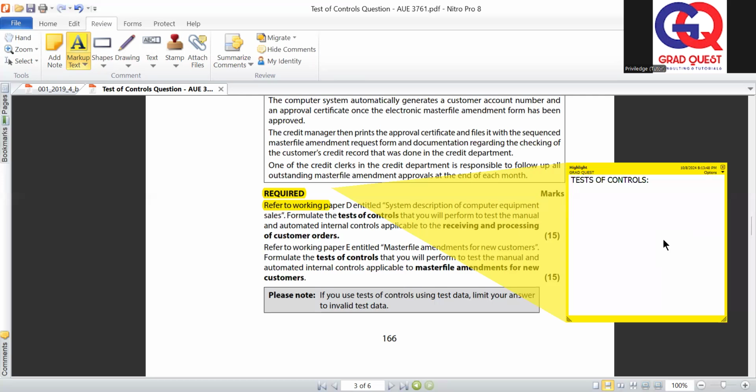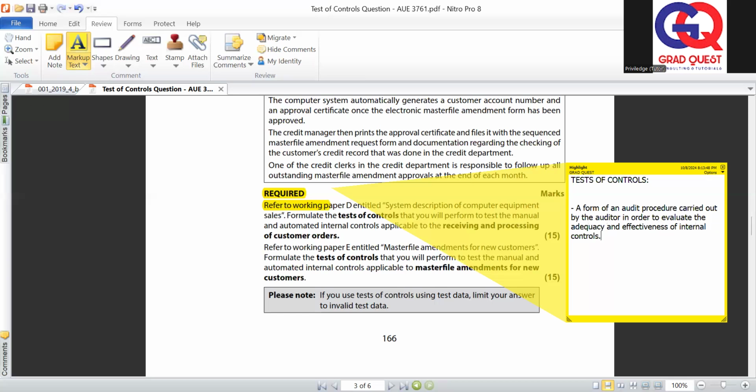So without any further ado, the issue of test of controls is related to what we call audit procedures. In other words, test of controls is a form of audit procedure carried out by the auditor in order to evaluate the adequacy and effectiveness of internal controls.